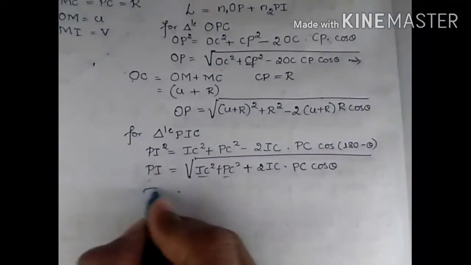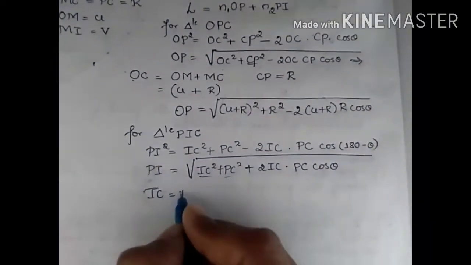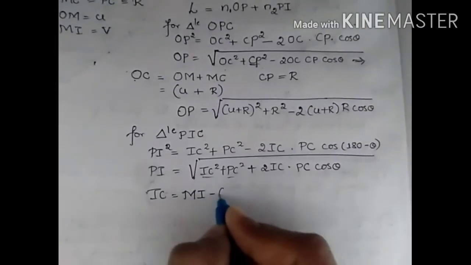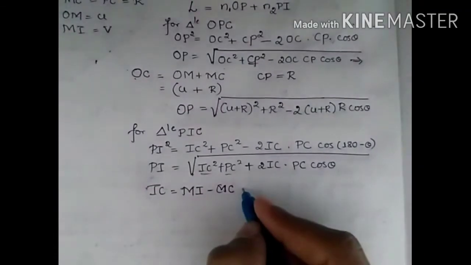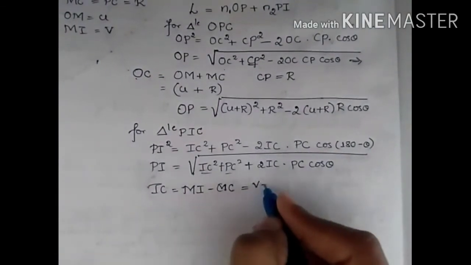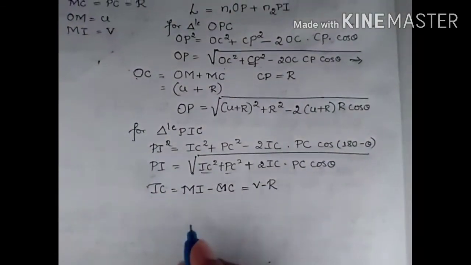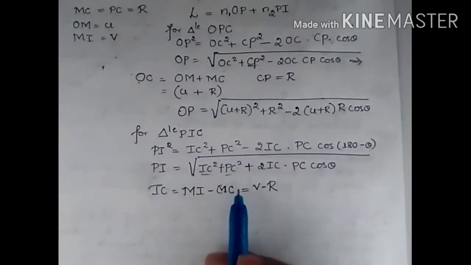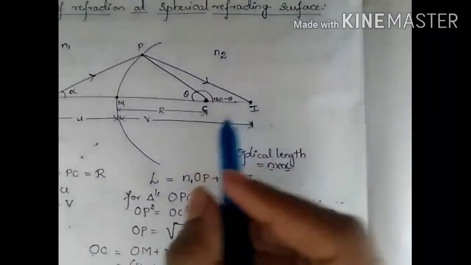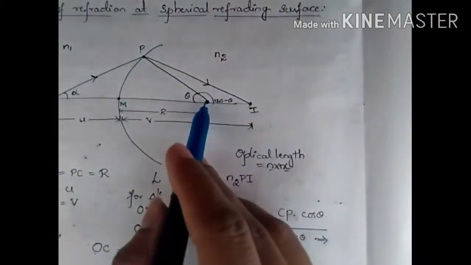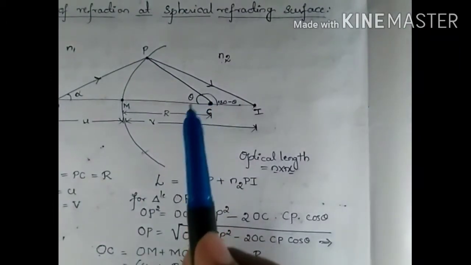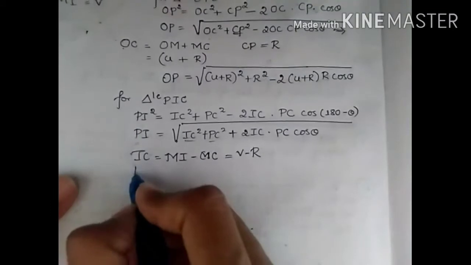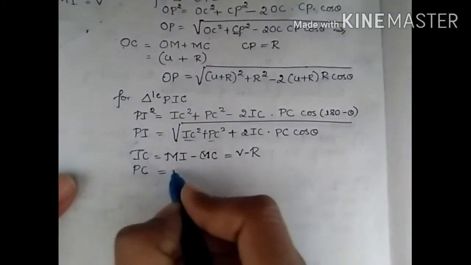So for IC, you need to subtract MI minus MC. That will give you V minus R. The next term is PC. PC is the radius of the sphere, so PC can be written as R.